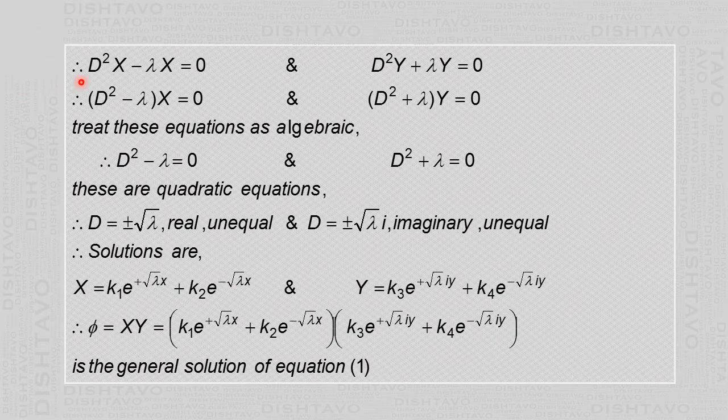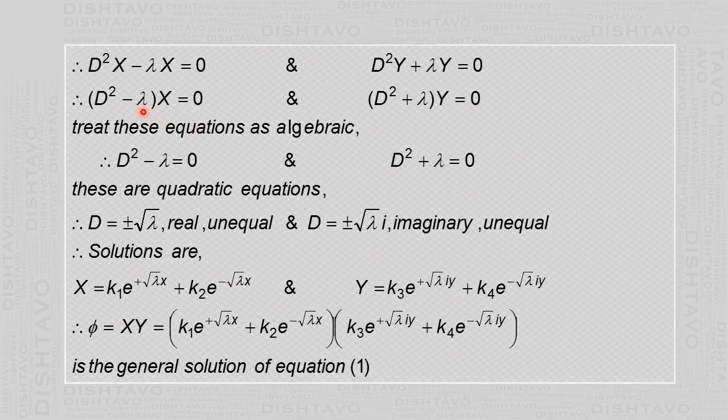So in the first equation, we have replaced d²/dx² by D², and in the other equation we replace d²/dy² by D². Then you take X outside in the first equation and Y outside in the second equation. So what you get is (D² − λ)X and (D² + λ)Y.